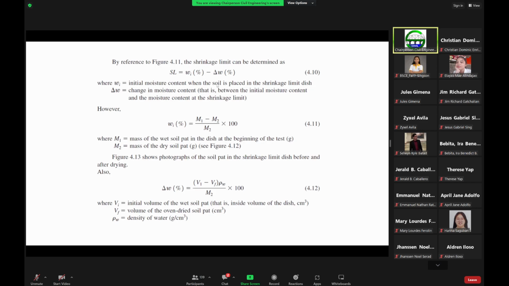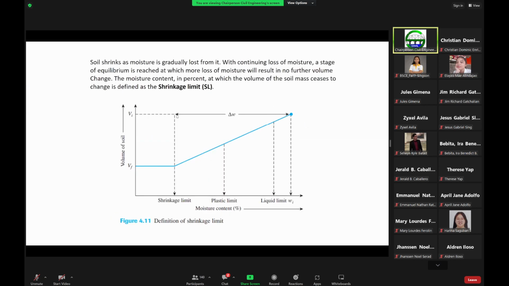And then delta W is the change in the moisture content between the initial moisture content and the moisture content at the shrinkage limit. So that's W sub I minus the change in the moisture content, delta W.